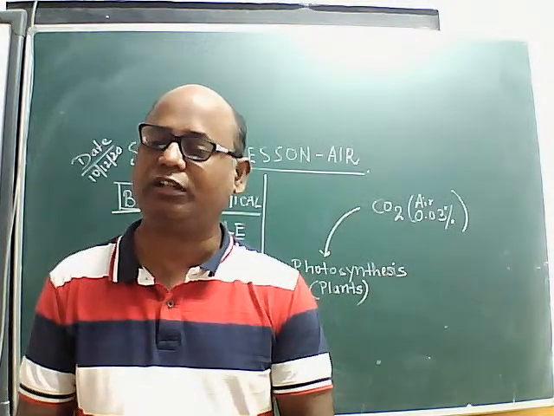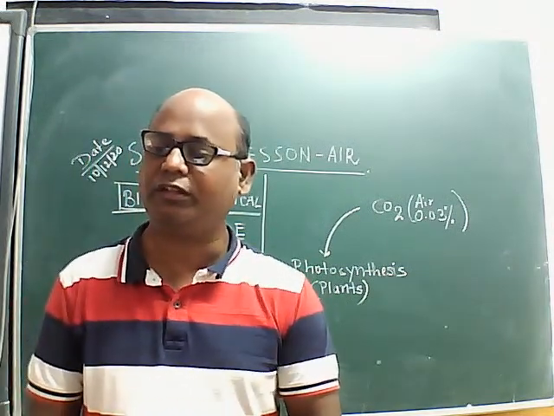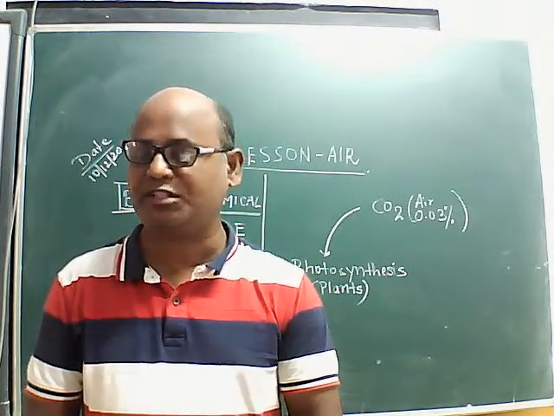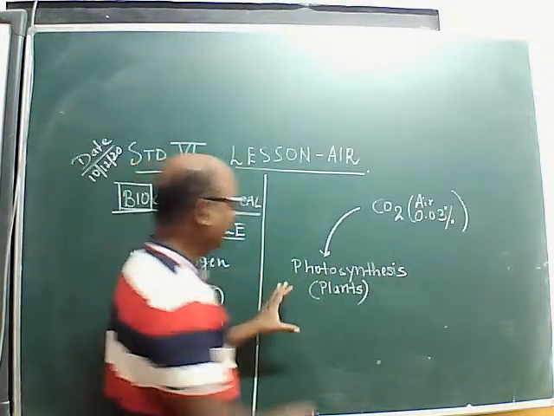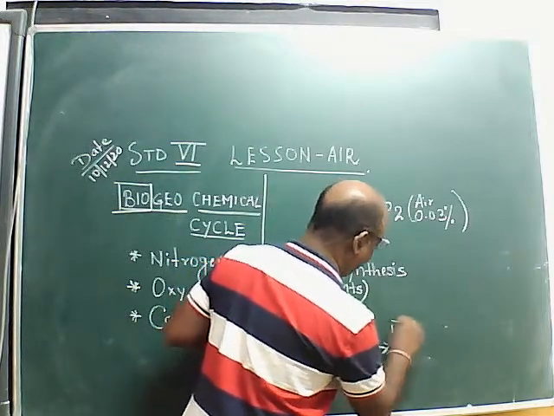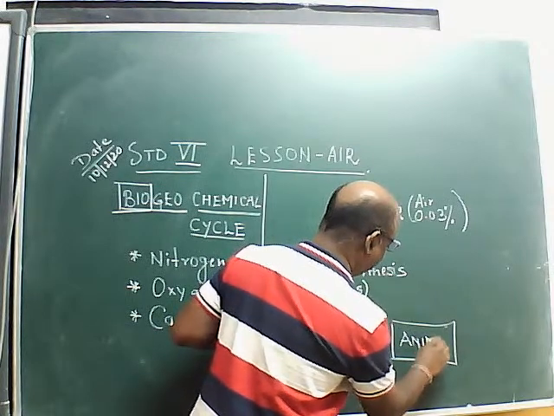Carbon dioxide and water combine in the presence of sunlight, which is trapped by chlorophyll, to give out oxygen gas, and glucose is prepared. Food is prepared in this process. This we already studied. Now you know that all the animals, directly or indirectly, depend on plants for food.